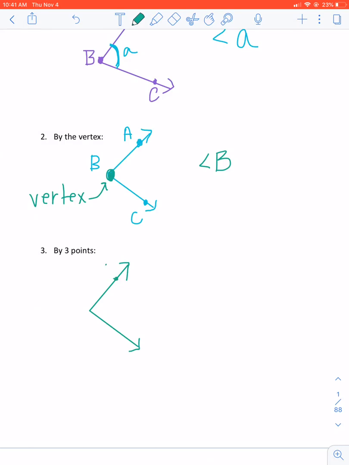So we're going to call that A, B, and C. So if we're using those 3 points, we could call this angle A, B, C. It's kind of like you're tracing the angle, A, B, C. Now you could also go the other way, so start at C, go to B, then A. Now one thing you cannot do is start at C and go to A. That would not be tracing the angles. You actually have to trace it with your pencil. So you could go C, B, A, or A, B, C.